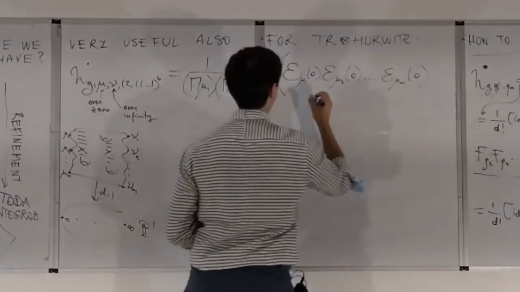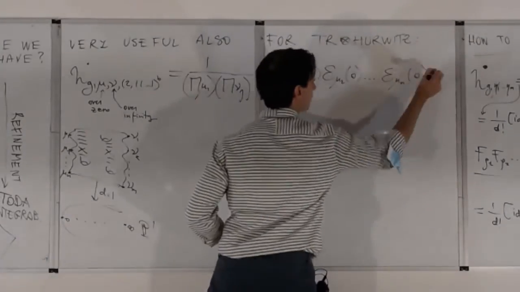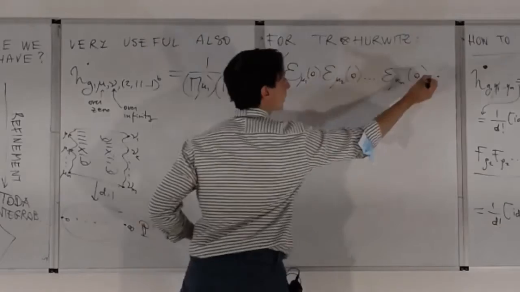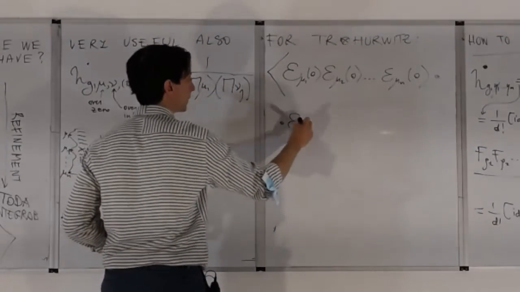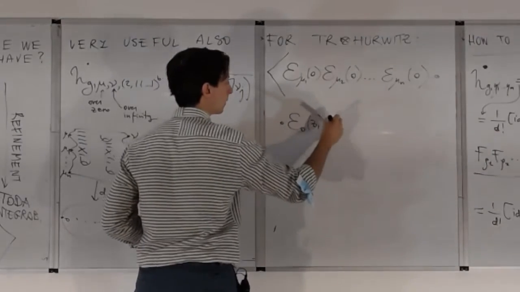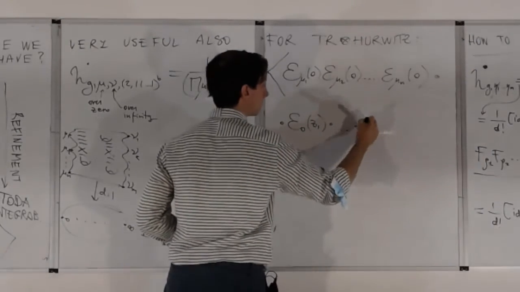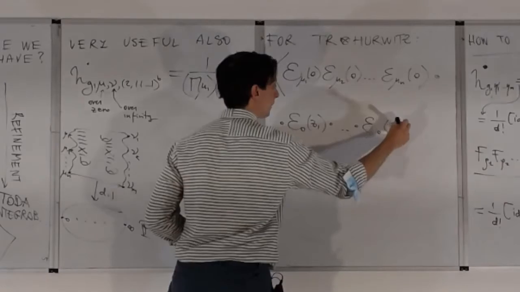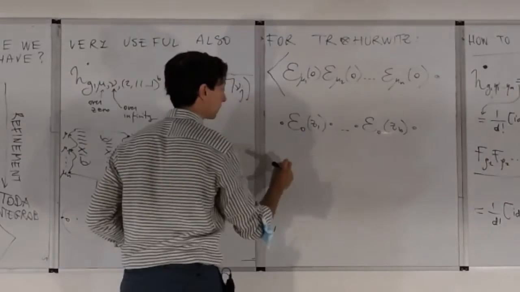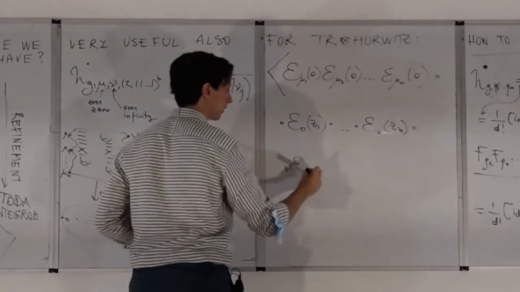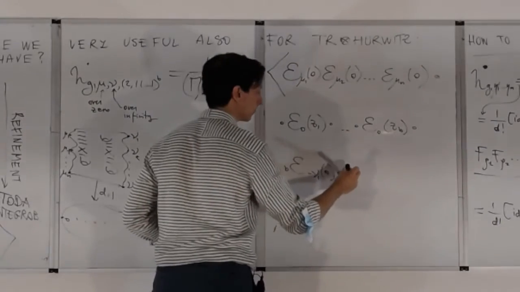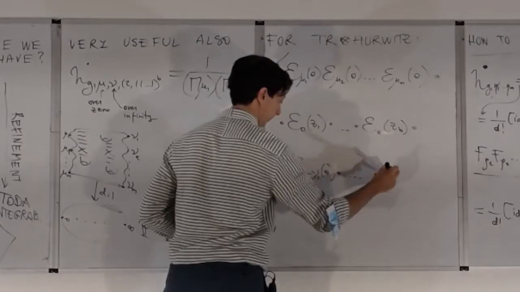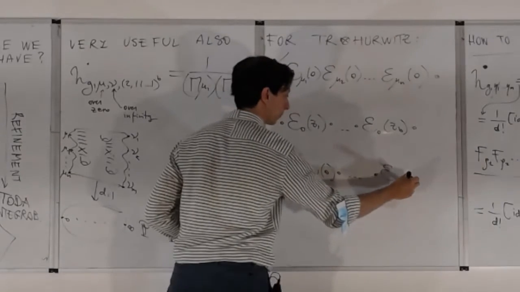Then you take times, or maybe composition, but it doesn't matter, zeta_1 in 0, up to zeta_b in 0, then minus nu_1, up to minus nu_m.